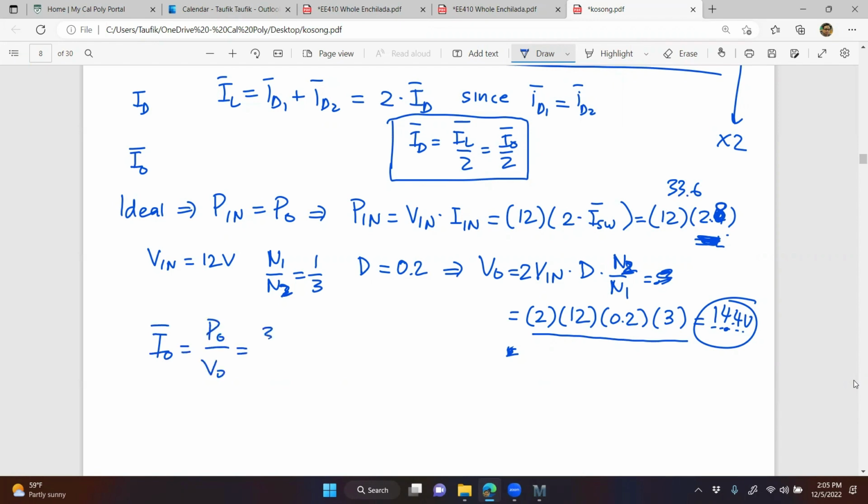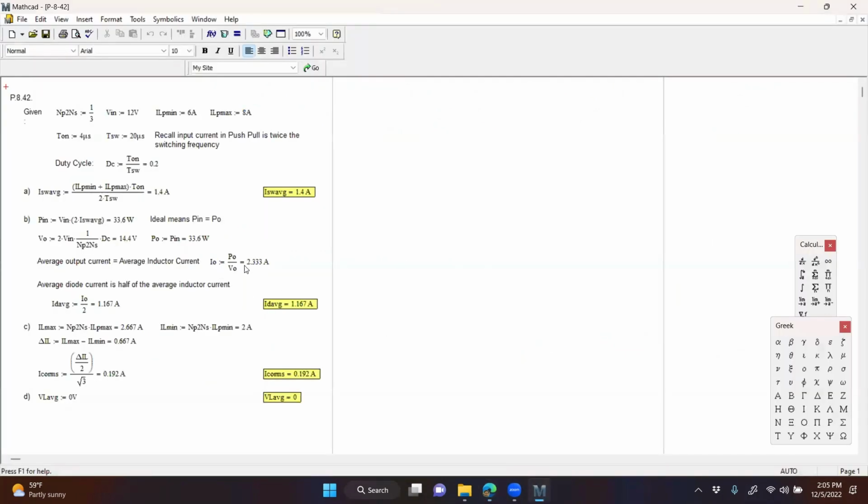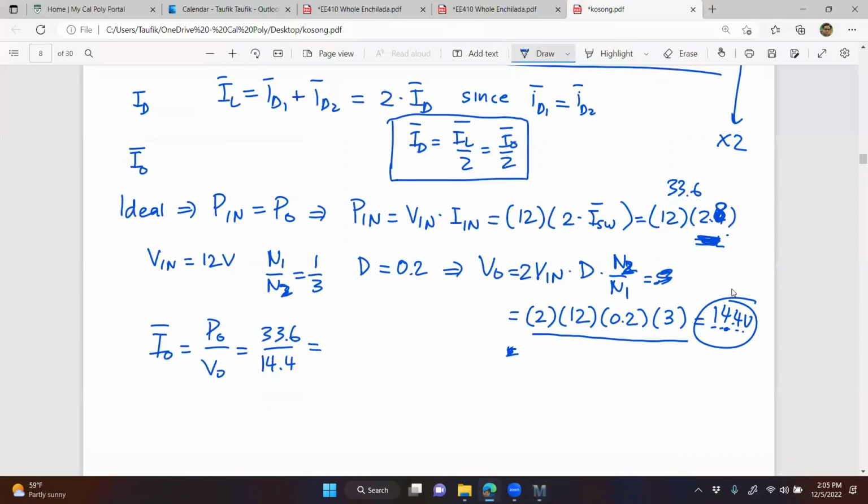That's 33.6 divided by 14.4, which is 2.3. Therefore, I diode average must be half of that.